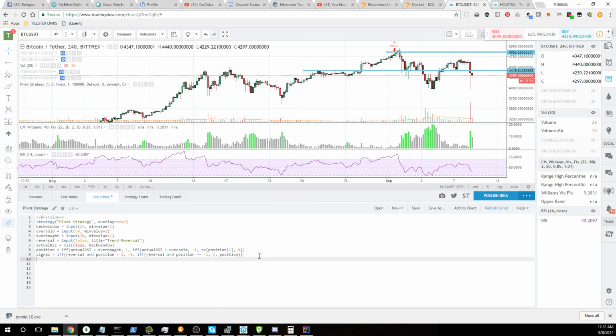Finally, now that we have set up our signal, the final step is to actually do the strategy. It works the same way.